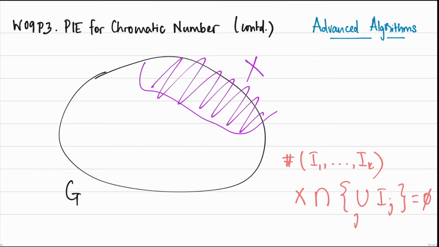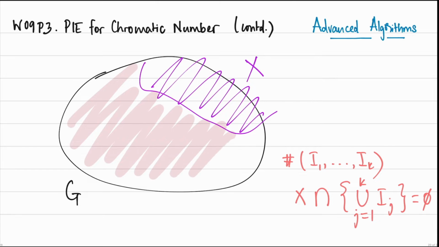We don't want any element of X to feature in any of these independent sets. Well, notice that that really boils down to figuring out how we can cover elements of G minus X using independent sets. And since we are only working with independent sets sitting in G minus X, we don't have to worry about accidentally including some element of X in our cover by independent sets, right?